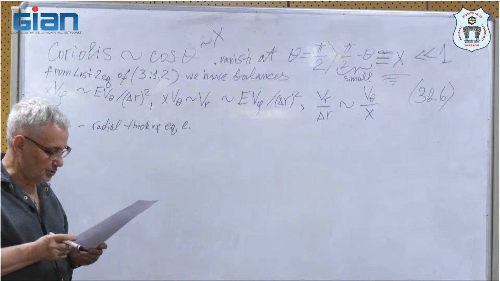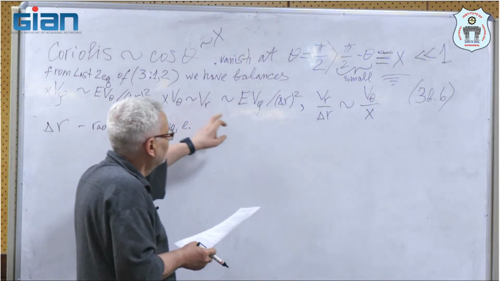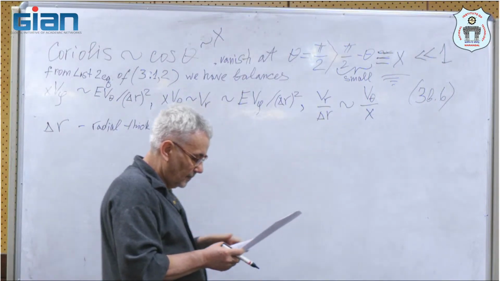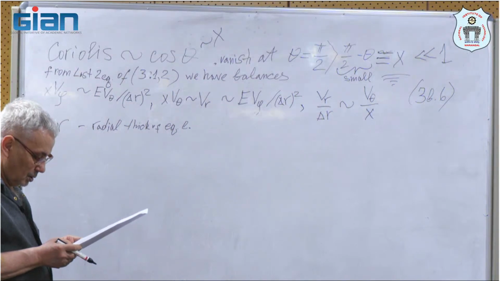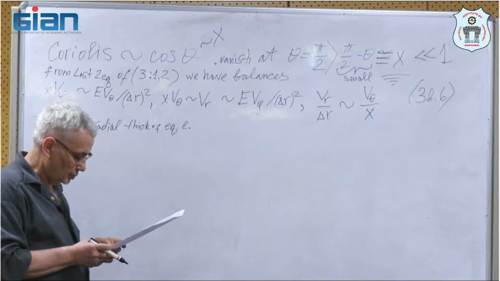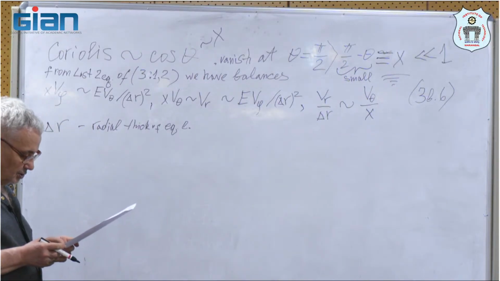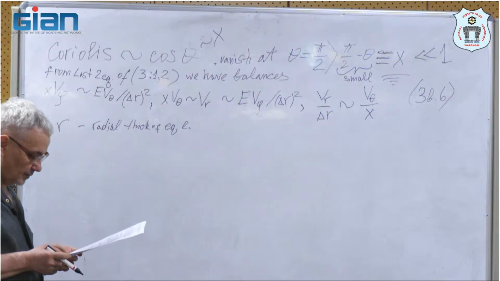And the second and third balance in 6 follow through the azimuthal, actually last equation, shown in 3.1, in which the derivative of the pressure vanishes because we are considering a flow symmetrical about the rotational axis.